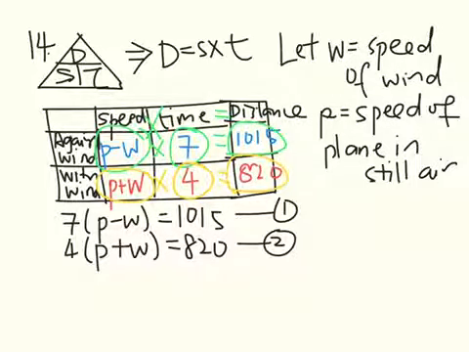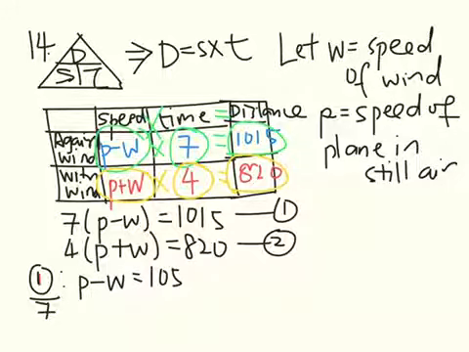So I'm going to divide the first equation by 7, and you end up with P minus W equals 1,015 divided by 7, which gives me 145. And the second equation, I'm going to divide by 4.